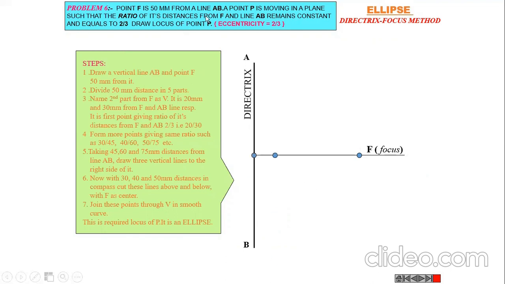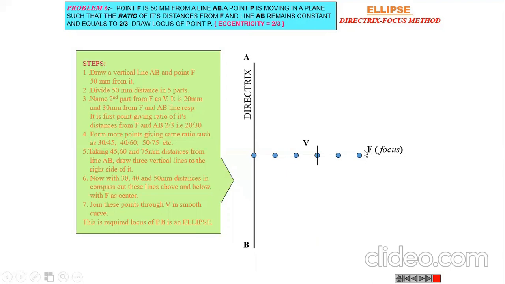The next part, we have to divide this 50 mm of the focus distance into 5 equal parts. So definitely one part is 10 mm because this distance is 50 mm. Now the eccentricity is given, that is 2 by 3. From the focus point F, this is my V point.